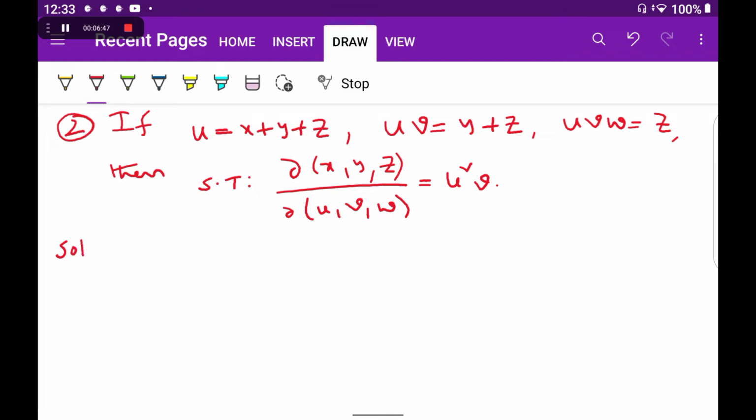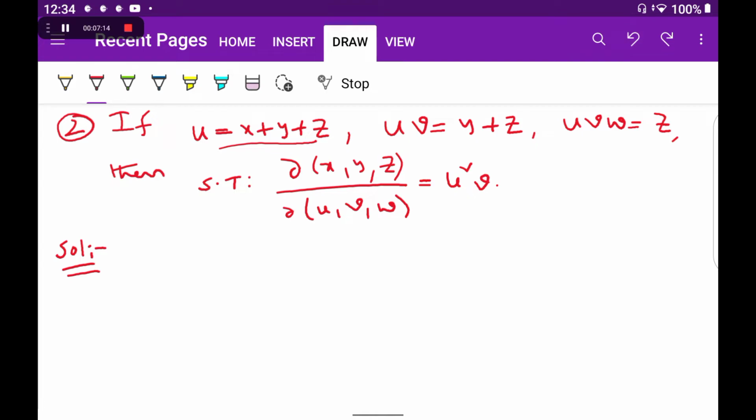See, in this problem we are given three relations: u in terms of xyz, uv equal to this, uvw equal to z. But we are asked to find or show dou xyz by dou uvw.